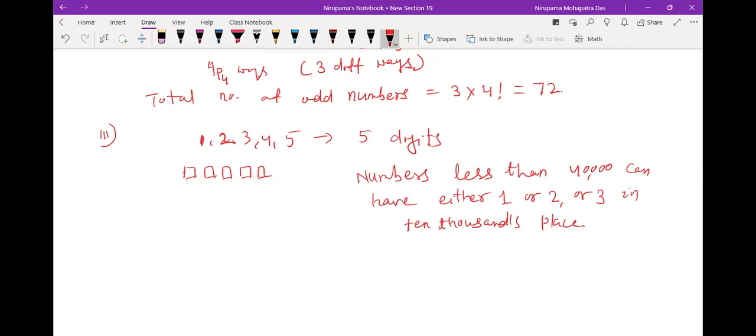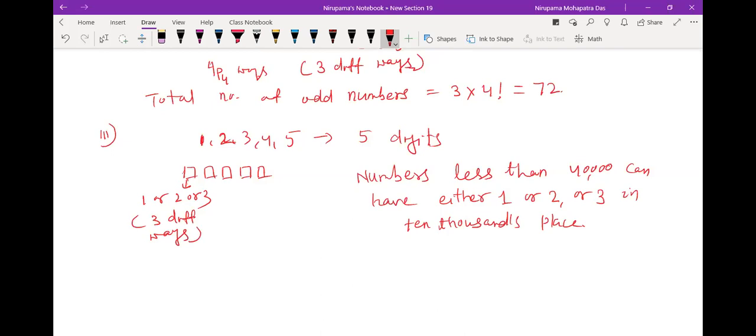So that is the reason. So you can place 1 or 2 or 3 in the first place, in the 10,000 place. So it means 3 different ways. You can place either 1 or 2 or 3.